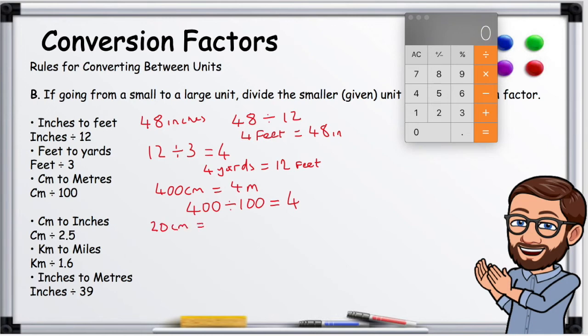So it would be 20 divided by our conversion factor of 2.5. Let's use our calculator for that. So 20 divided by 2.5 equals 8. So 20 centimetres equals 8 inches.